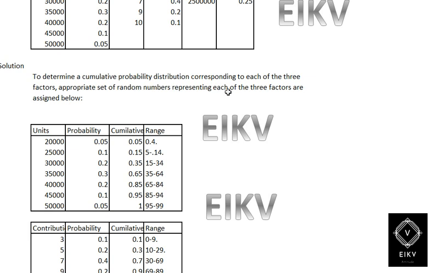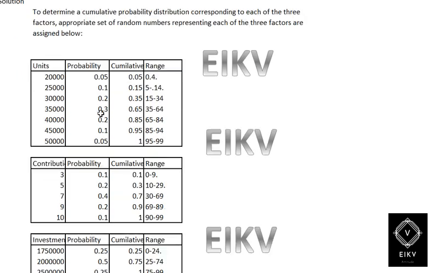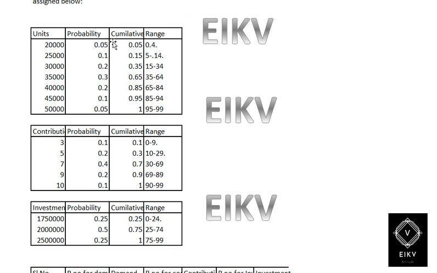An appropriate set of random numbers representing each of the three factors is assigned below. So here we have units and probability. After computing the probability, we need to take the cumulative probability and then the respective range.